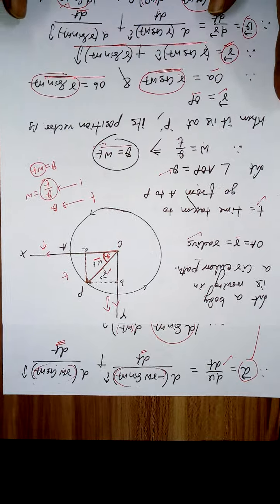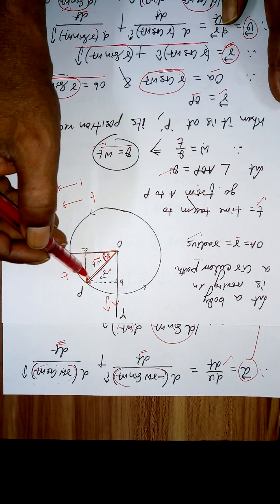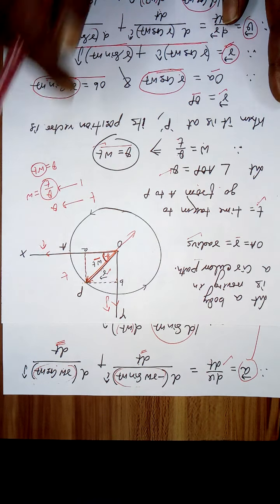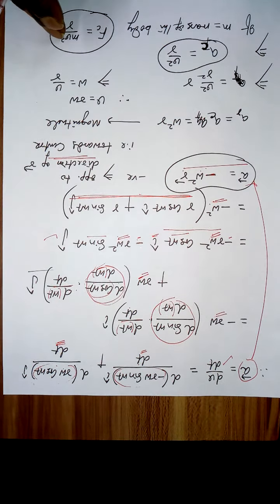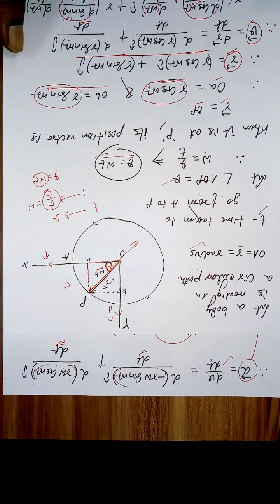That is, r was this way, and therefore the direction of acceleration is towards the center O. That is, towards the center, direction of the acceleration is opposite to the direction of r.